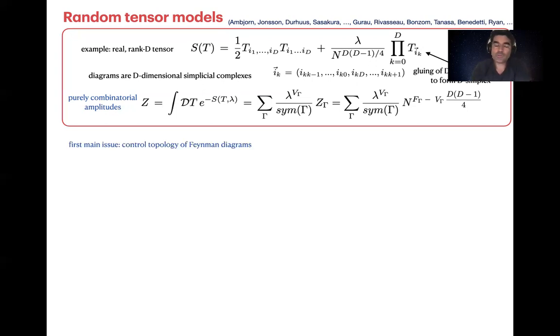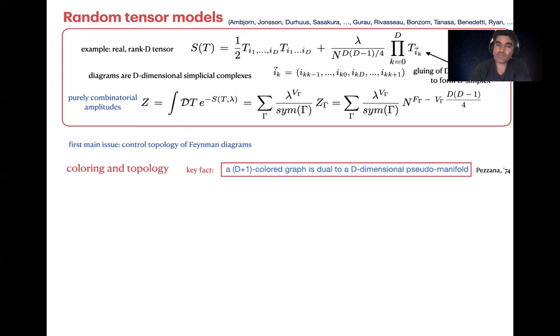The first main issue that one confronts in dealing with these models, which was in fact the first issue that blocked progress in the early 90s when these models were first proposed, is how to control the topology of the Feynman diagrams. And here comes the idea of coloring and the extraction of topology from coloring.